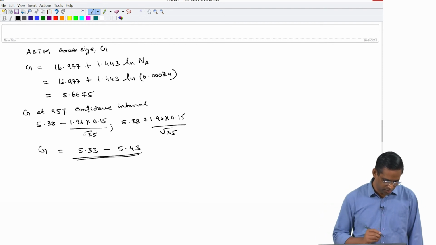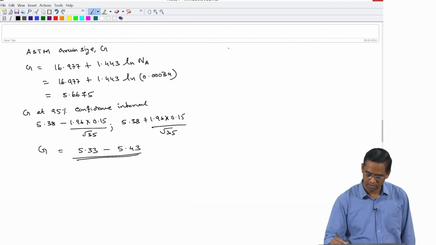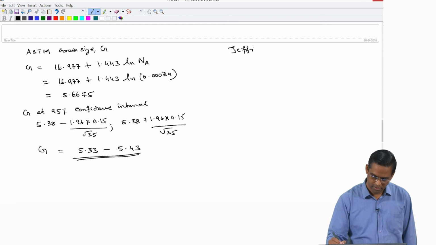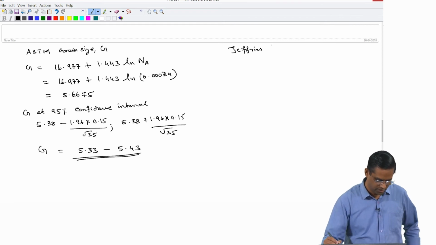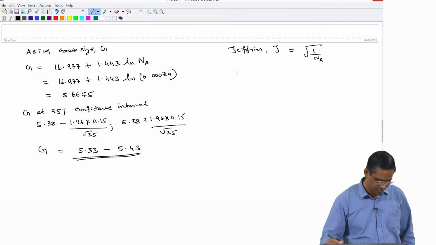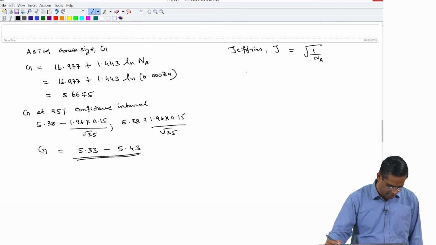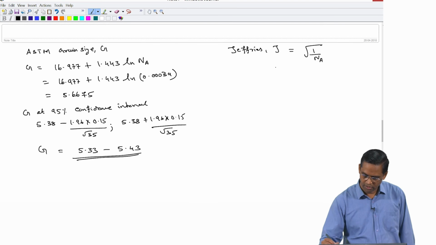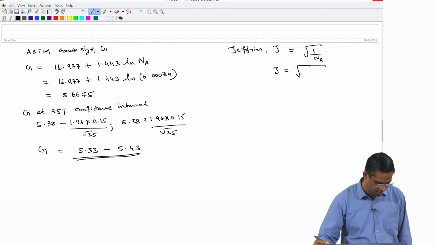If I use Jeffreys, so the Jeffreys grain size J, which is nothing but the square root of 1 by NA, we can check how do I get that. So, you simply substitute this one of the NA what we have measured.